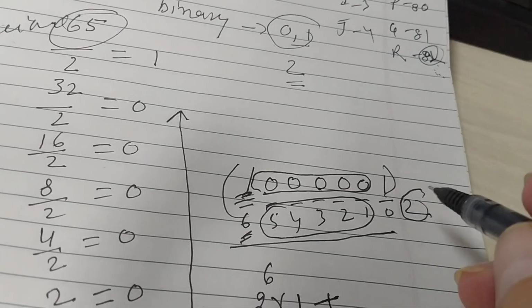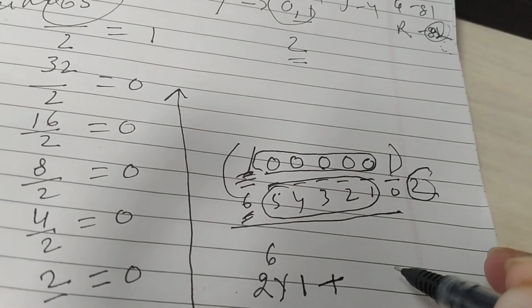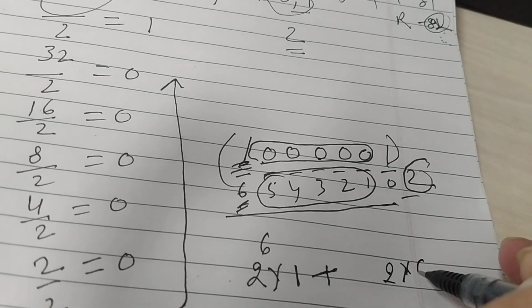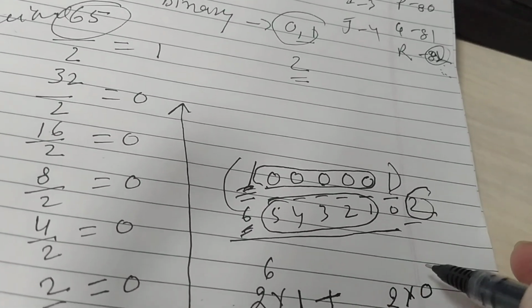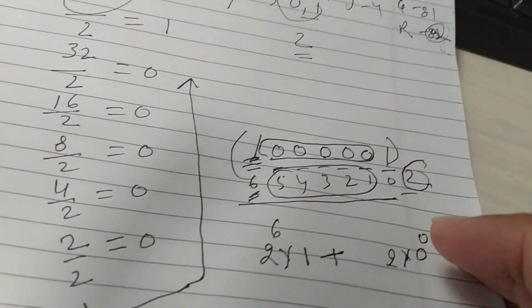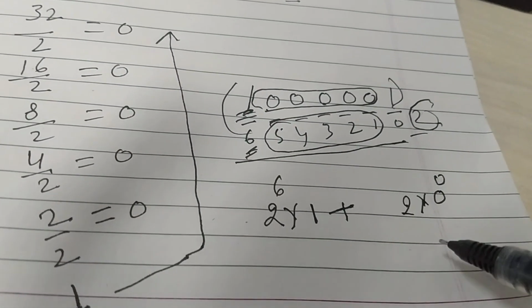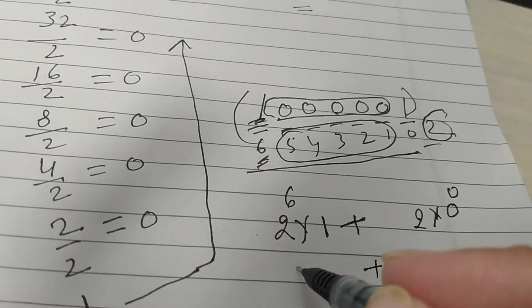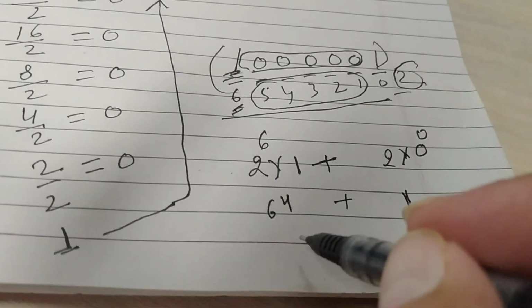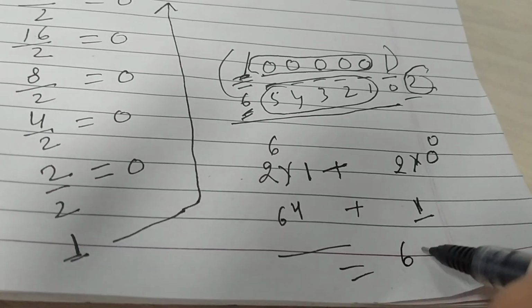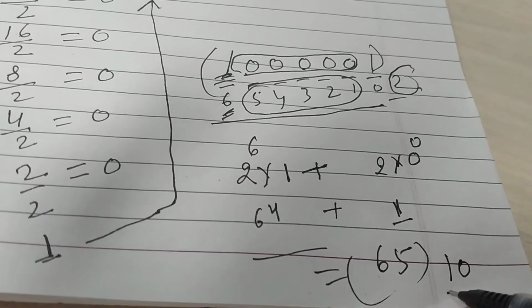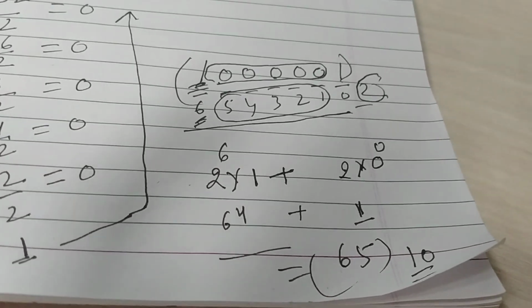Now here you can see the base 2 is multiplied with the last 1 and its power is 0. You know very well that this is 64, so 64 plus 1 equals 65. What type of number is it? It is a decimal number.